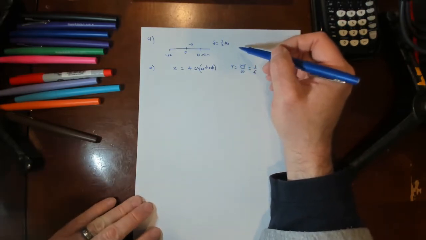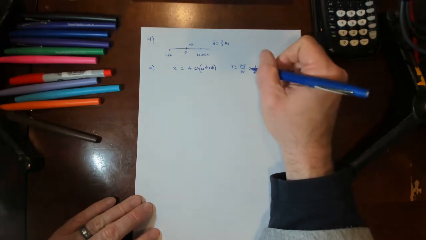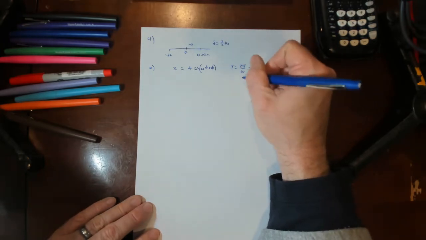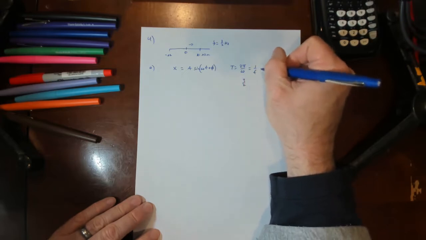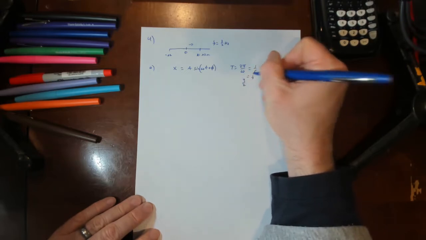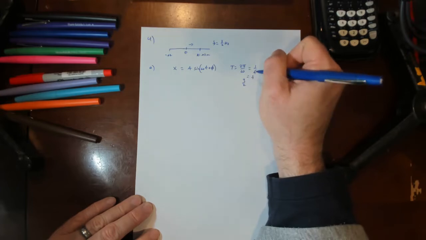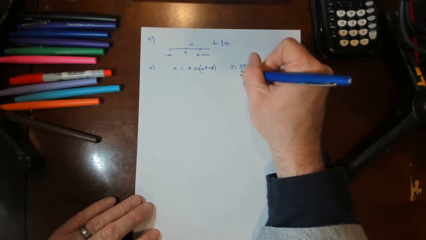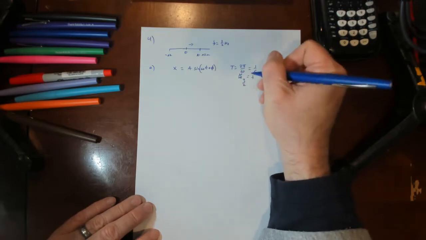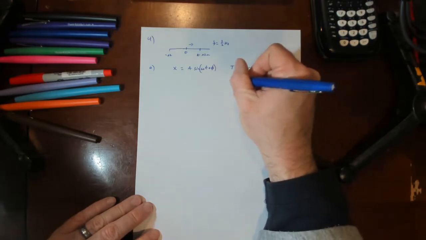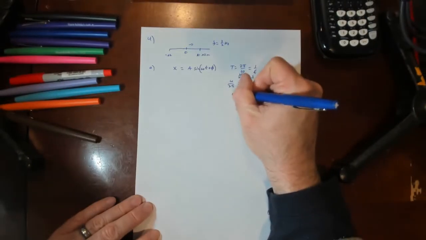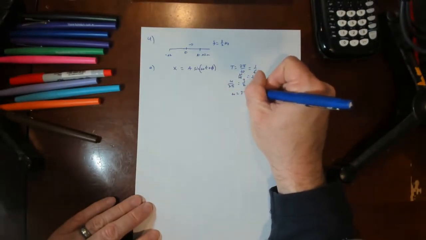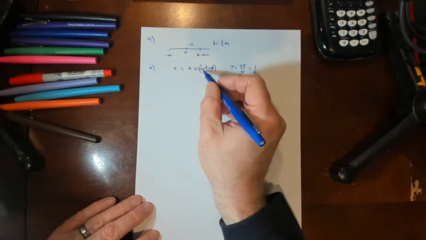They said frequency, not angular frequency, so I know I want f. Rearranging, frequency is omega over 2 pi. So 3/2 is omega over 2 pi, and rearranging, omega is 3 pi. That's what's going to go in there for omega.